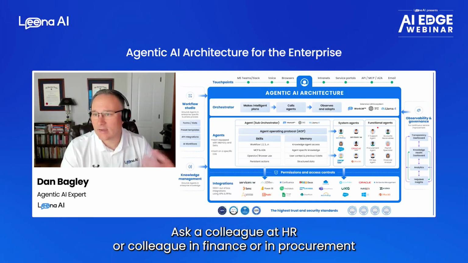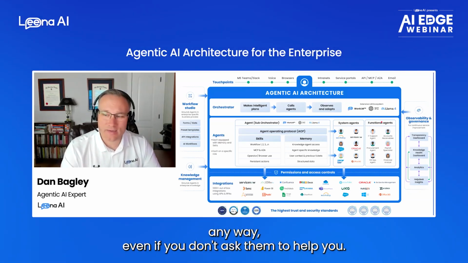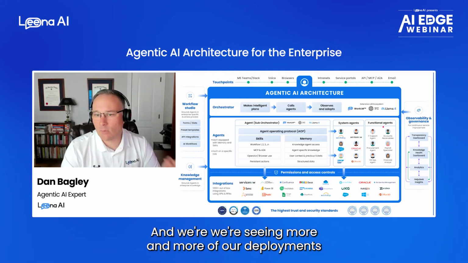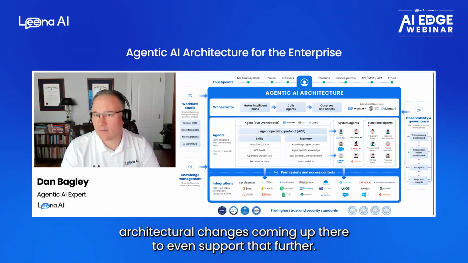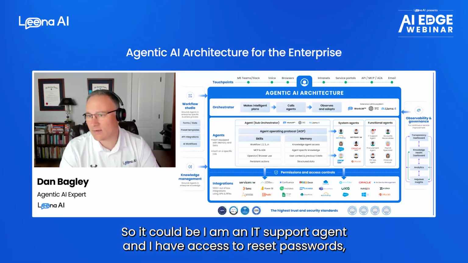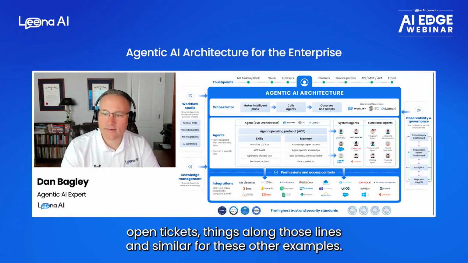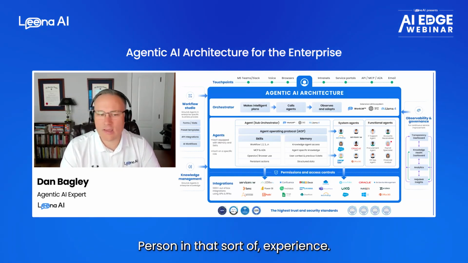Think about, you ask a colleague in HR or a colleague in finance or in procurement to help you, and they might be doing work for you anyway, even if you don't ask them to help you. That's what a functional agent is. And we're seeing more and more of our deployments head towards this functional agent view. And we'll have some more architectural changes coming up to even support that further. So it could be, I am an IT support agent and I have access to reset passwords, install software, open tickets, things along those lines. And similar for these other examples. Think of it as an entry-level job role person in that sort of experience.